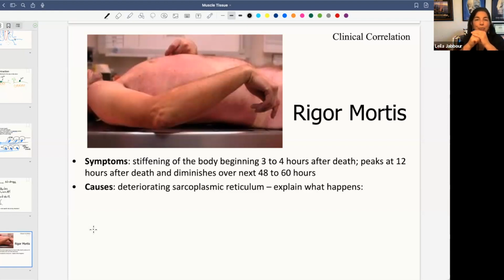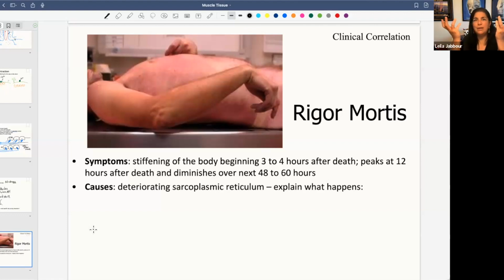Here we're looking at rigor mortis. This is not a disorder, this is just a result of the person having passed away, where you end up with stiffening of the body, and that's because the muscles are contracted around 3 to 4 hours after death.